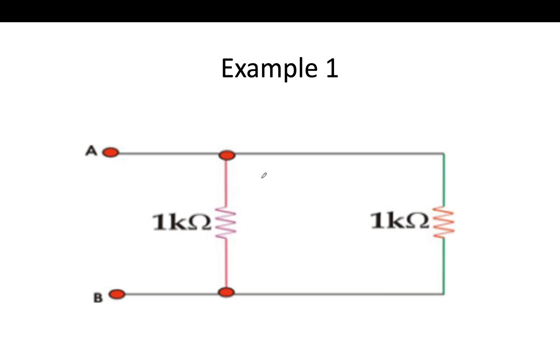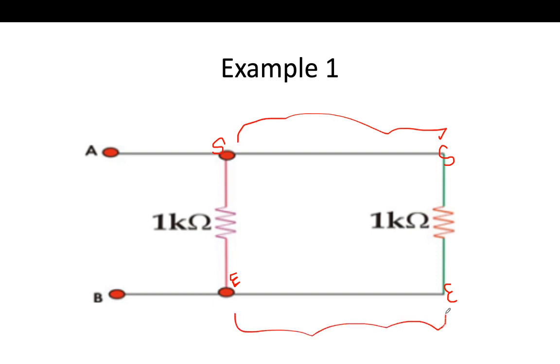Let's take the first example. So this is resistor 1 and this is the starting point. This is resistor 2, and this is their ending point. The starting points are both connected with each other and the ending points are also connected with each other.